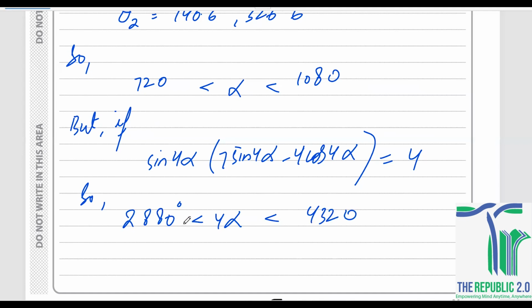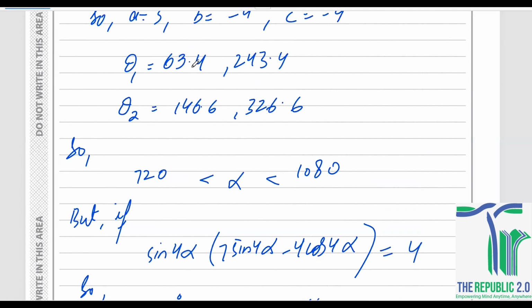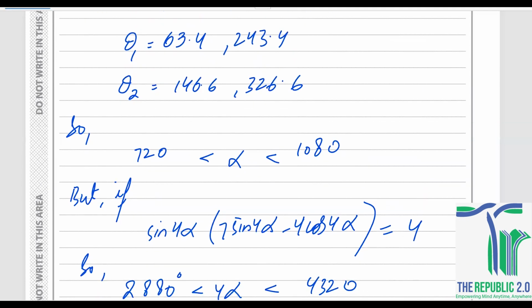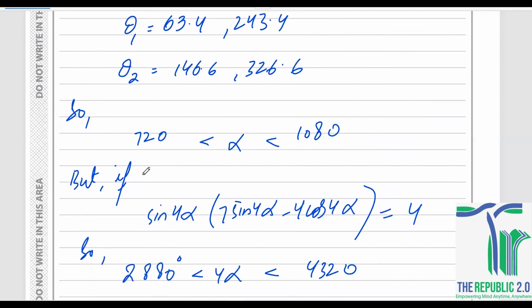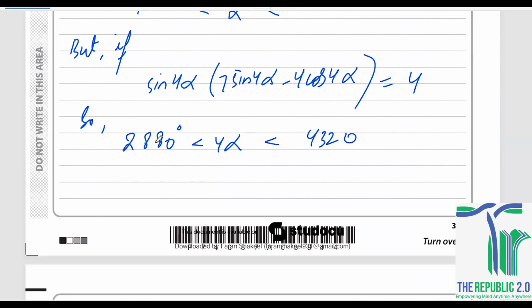So for the angle that we would be having, we can see that the shortest angle was 63.4. You can simply add 63.4 to this, because that is the smallest angle. So 4 alpha 1, the smallest angle that we are looking for, would become 2880 plus 63.4, which is 2943.4 degrees.